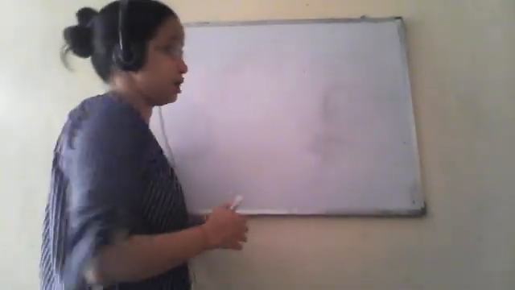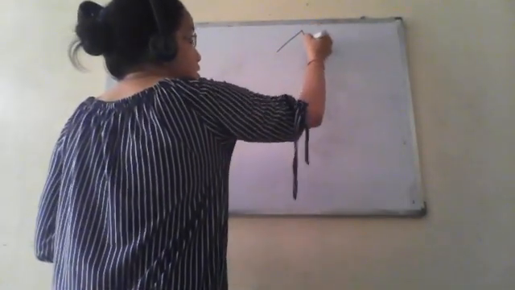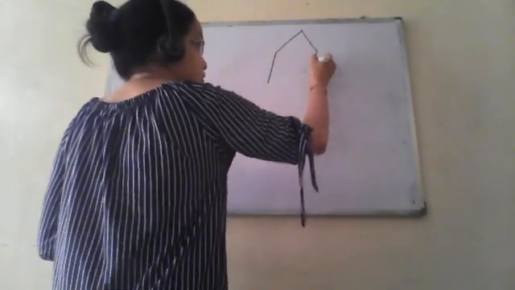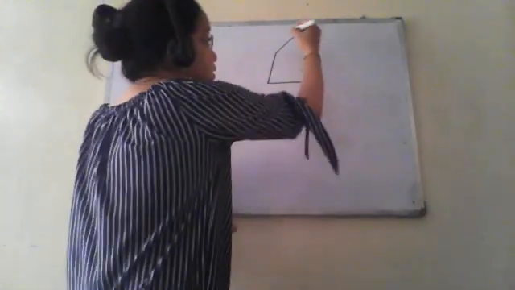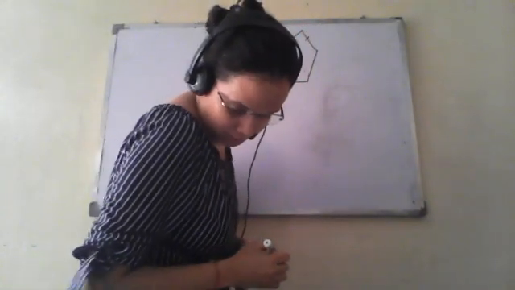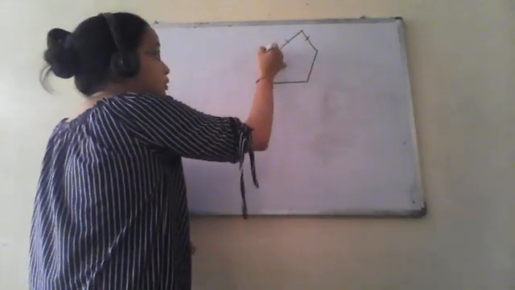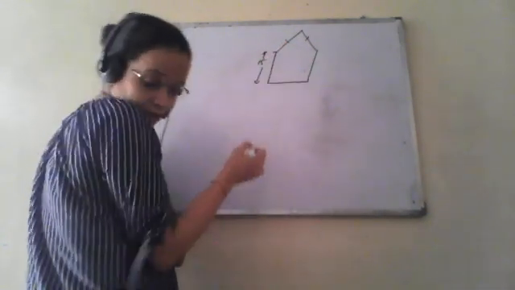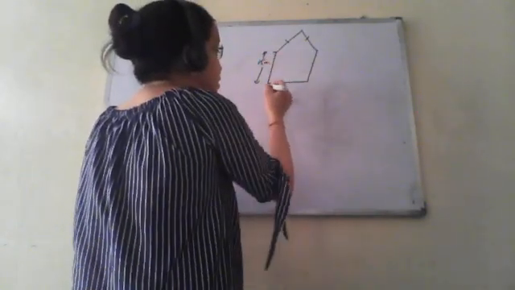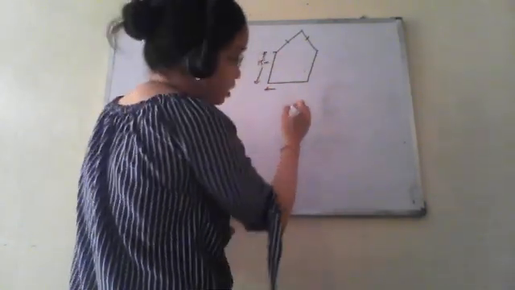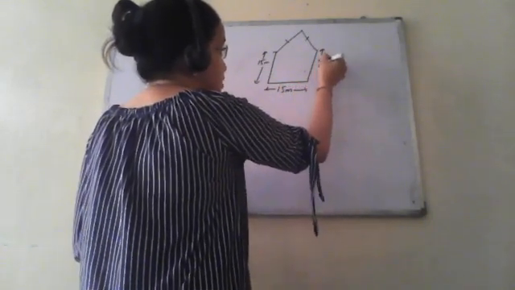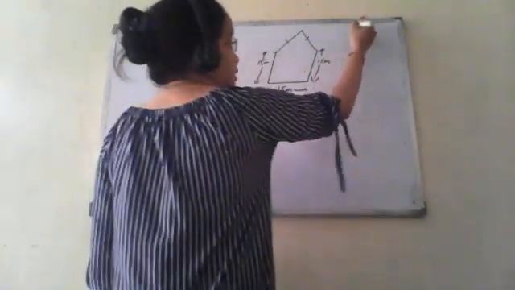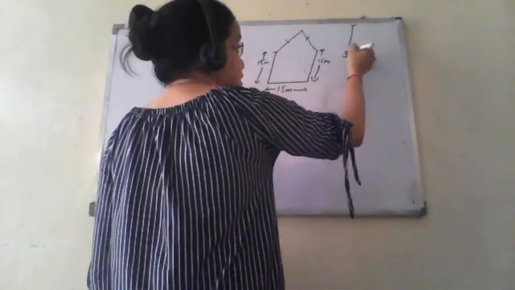So first we draw the pentagon. Pentagon means having 5 sides, and these sides are equal. This is 15 meter, this is 15 meter, this is 15 meter, and this total is 30 meter.